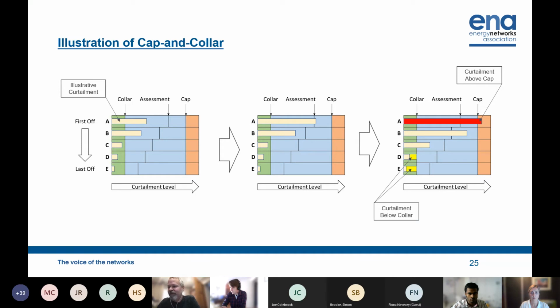Ultimately, in this diagram, we've got customer A who breaches a cap. That then triggers a load-related reinforcement activity from the DNO. And as you look down that LIFO stack, we've got two customers, D and E, who have had curtailment levels so low that they're actually below this collar level.